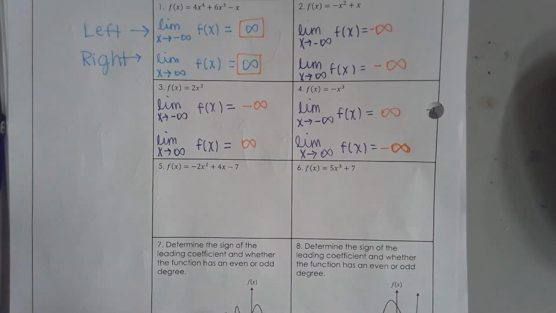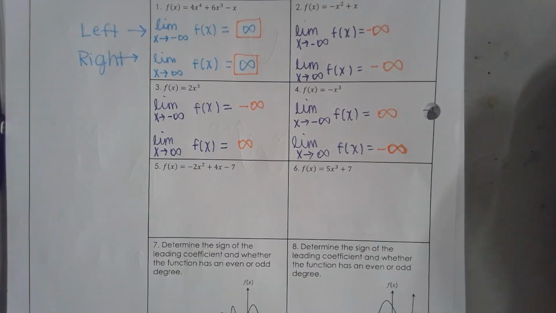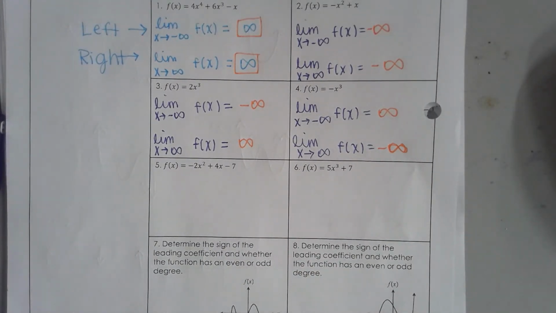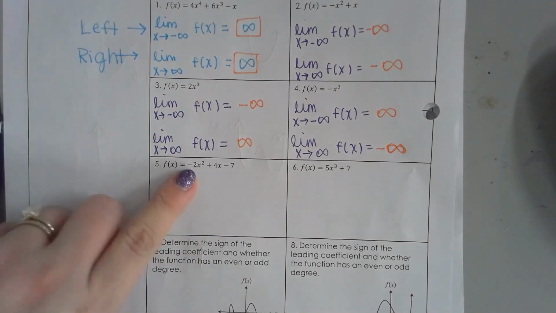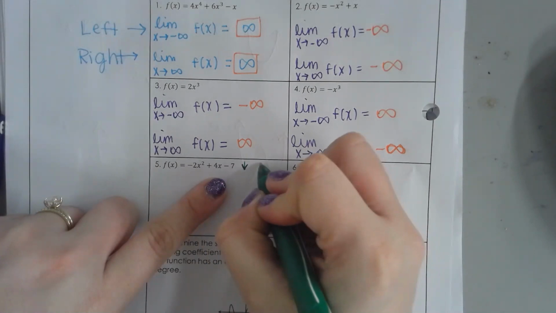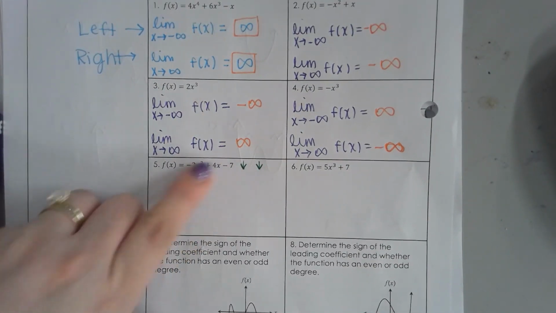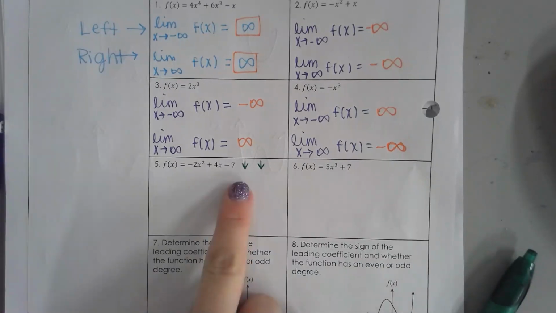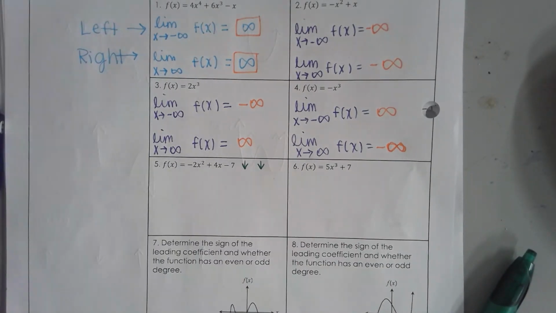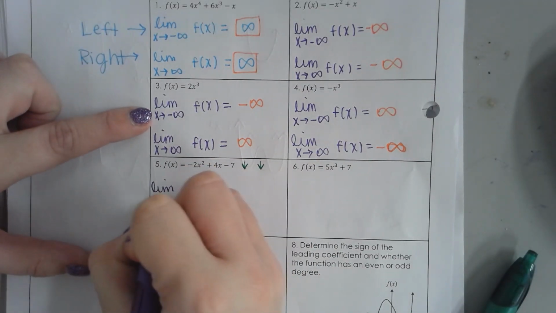All right, there's two more. I want you to try those two. All right, so number 5, arrows. What's the left arrow doing? Down. So they're both pointing down, right? Down, down. For both of them, you still have the limit as x approaches negative infinity.